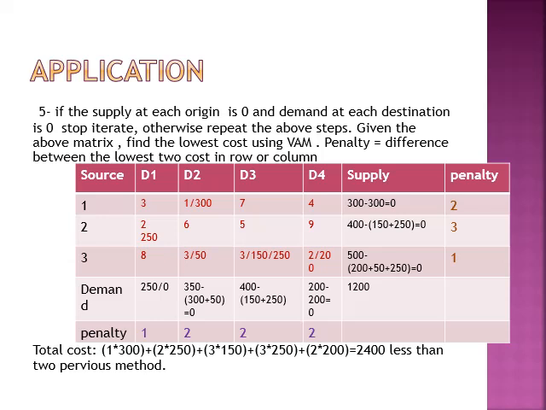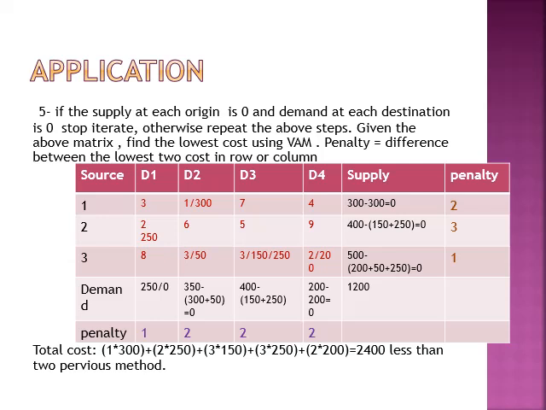Now let's choose the penalty in row 1. In this row the least cost is 1.